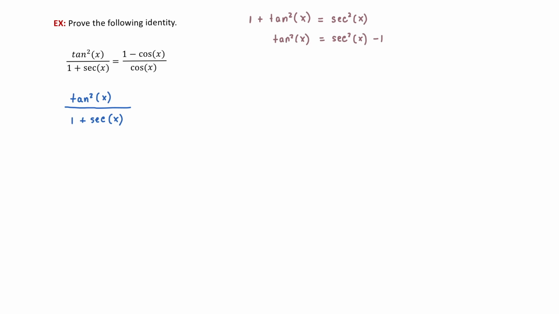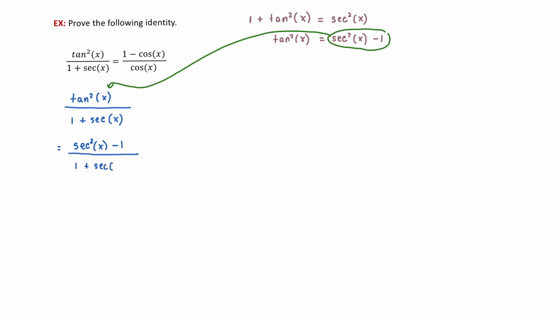Now, what I am going to do here is take this expression right here and substitute it in the numerator of my fraction. Look at this. Now we're going to have, very nicely, secant squared x minus 1 divided by 1 plus secant of x.